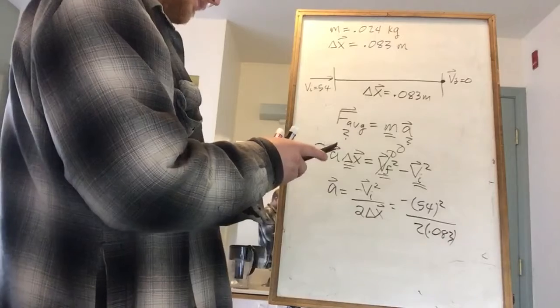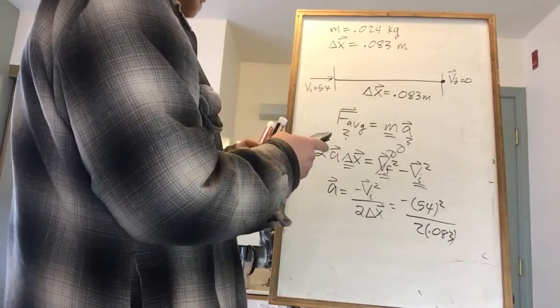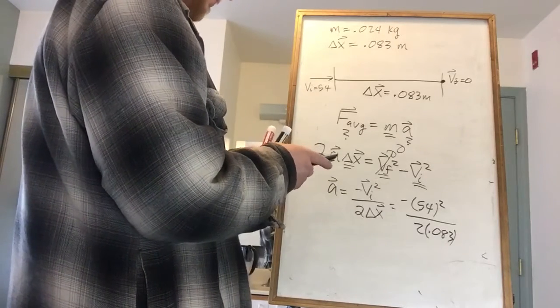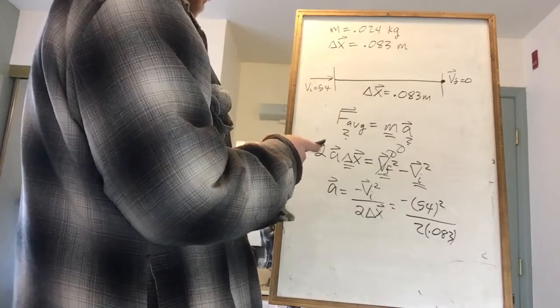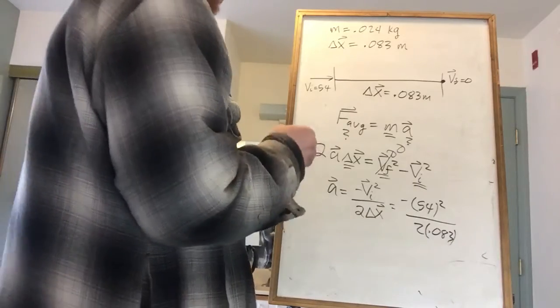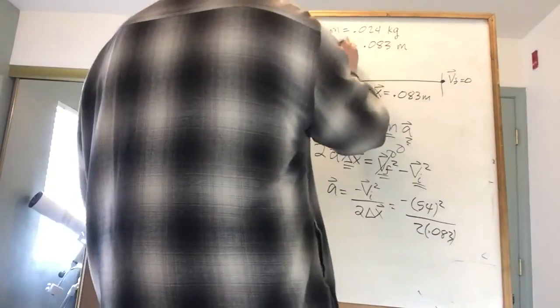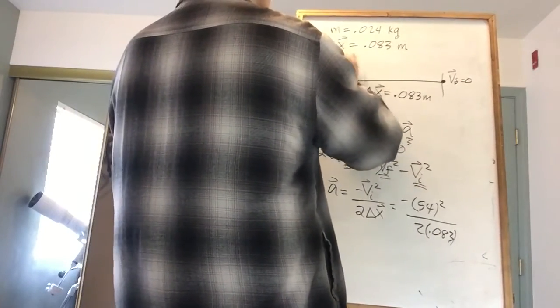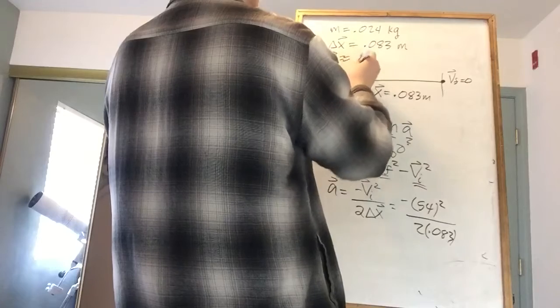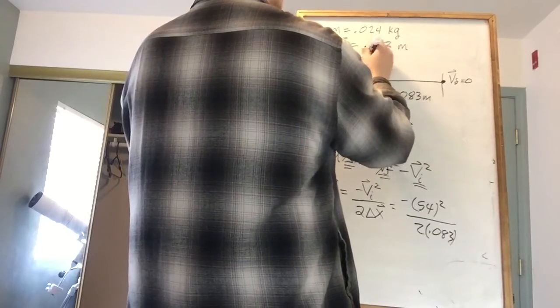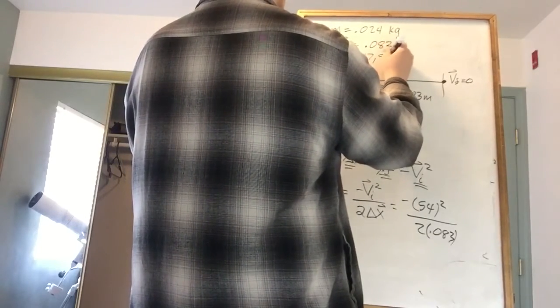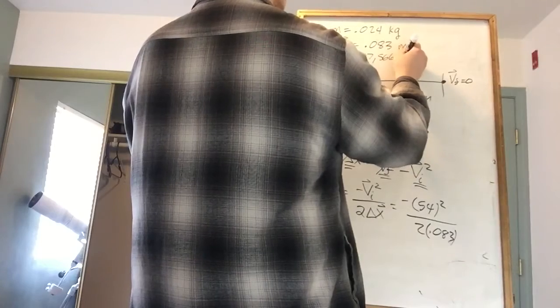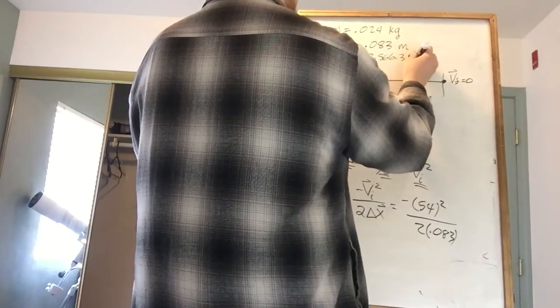There's the calculator. So 54 squared divided by 2 divided by 0.083 gives us the acceleration, and the acceleration is now calculated to be approximately negative 17,566.3 meters per second squared.